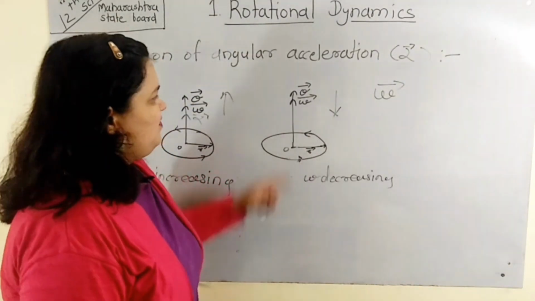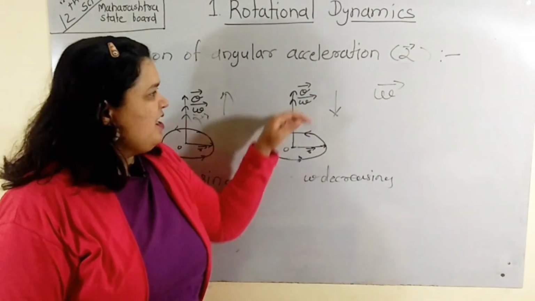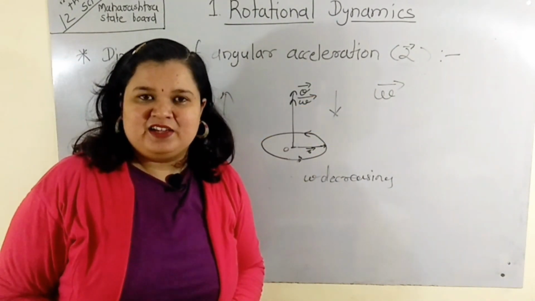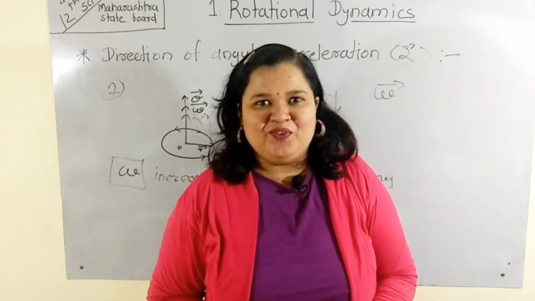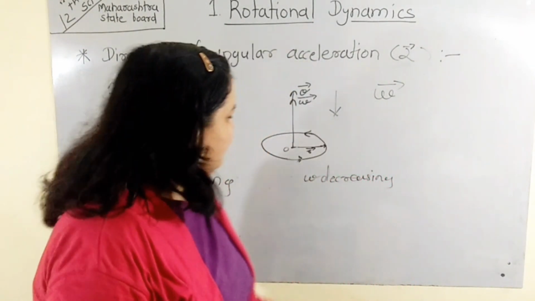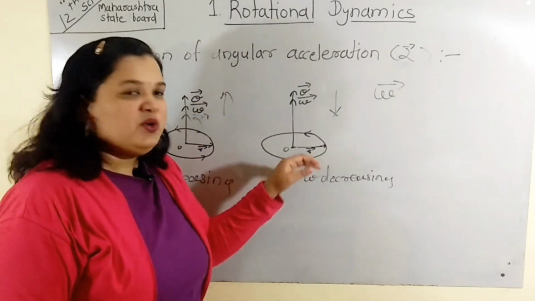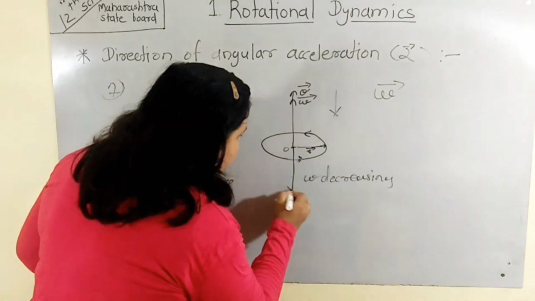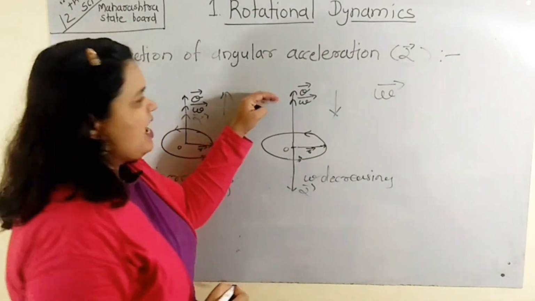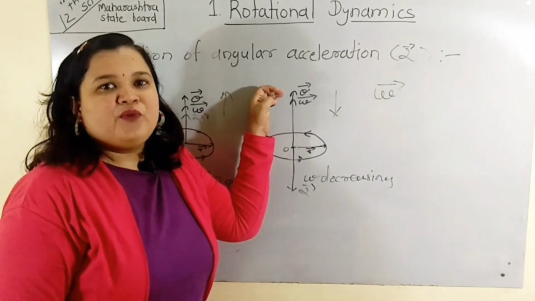Considering the second case where omega goes on decreasing, angular velocity goes on decreasing, as when a fan is switched off. If the angular velocity goes on decreasing, at that point angular acceleration is in the opposite direction to that of the angular velocity.